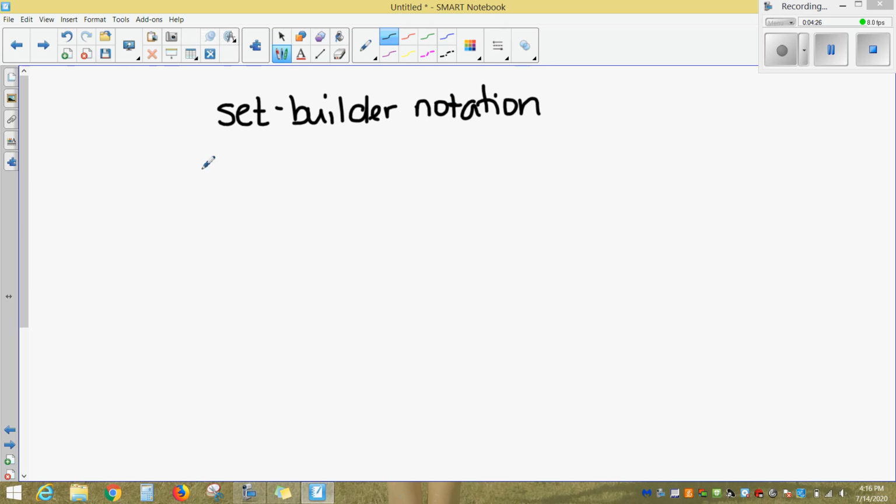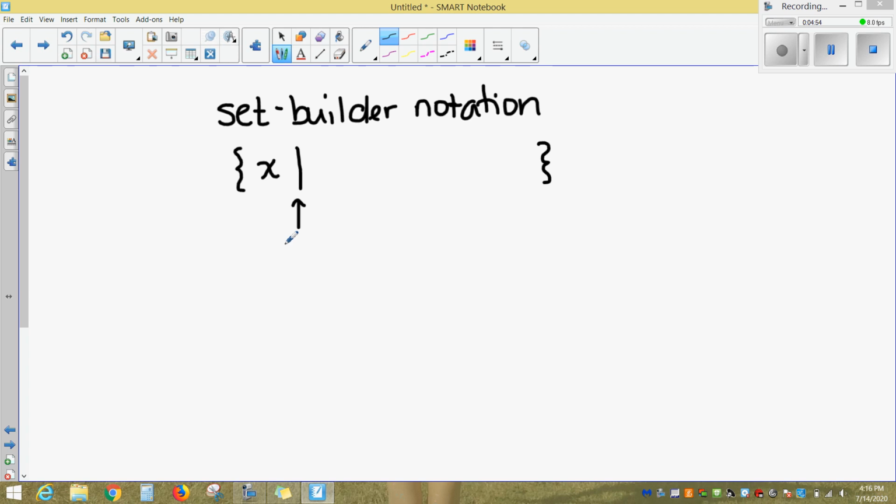In set builder notation, we still have our squiggly brackets that indicate we're talking about a set, but there's 2 pieces now. Instead of a list with the elements separated by commas, here on the left side, there will be an expression or something that explains what our numbers look like.